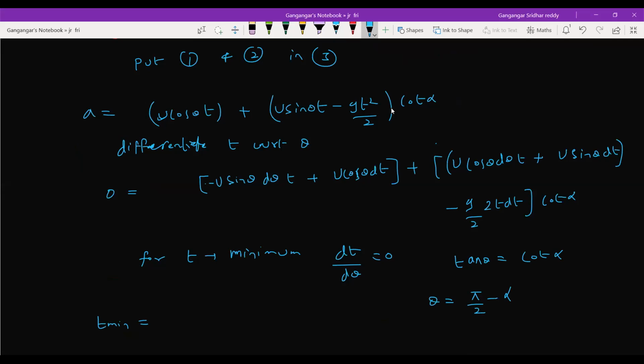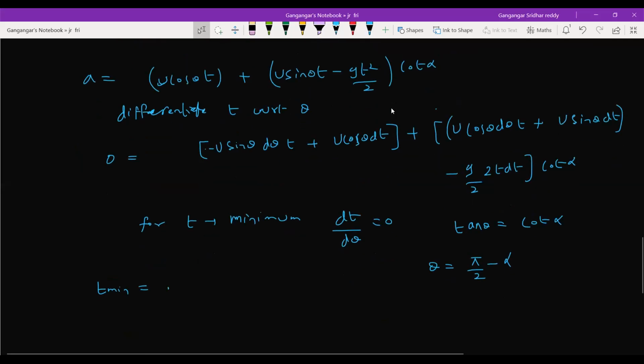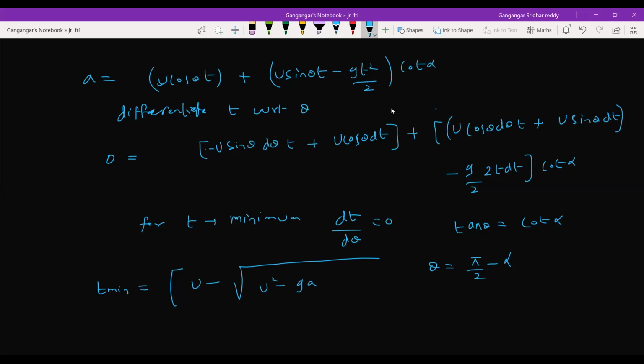T minimum, I'll write the answer. You check later on. U minus root of G A sine 2 alpha. Check it once.